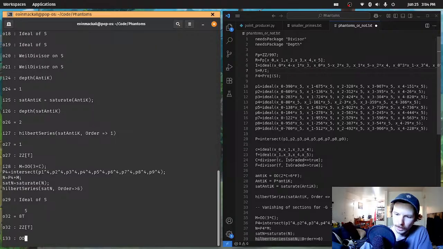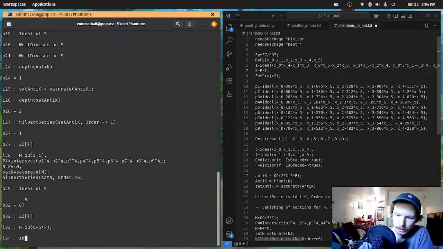I think a very ample divisor. So I'll use, I know that we're just talking about that this doesn't necessarily work, but let's try C plus 5 times F. Saturate this.